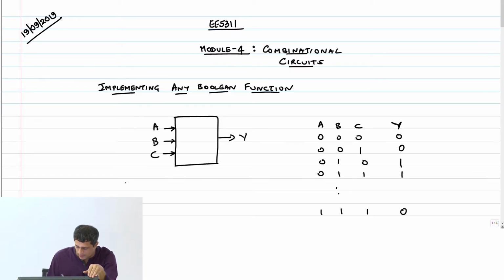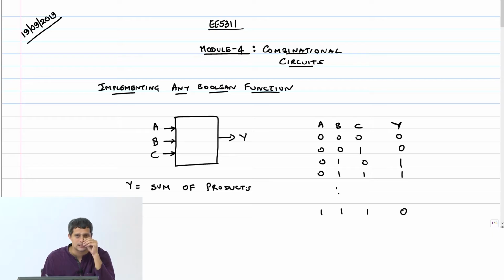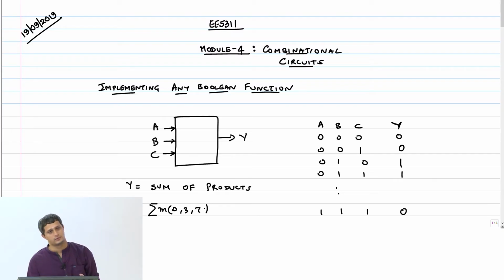So in summary, you can represent the output as a sum of products. And what is that? That's basically also known as min terms. Summation of min terms of, let's say, 0, 3, 7, for example.